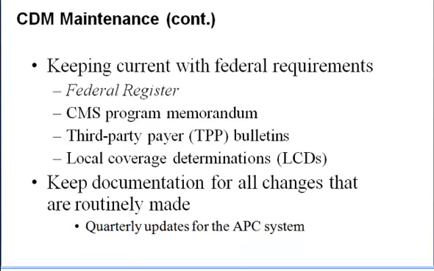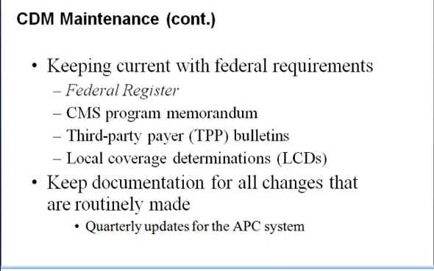To maintain the charge master, it's critical to keep up with federal requirements. It's important to read the Federal Register, the CMS or Medicare memorandums, your insurance bulletins, and LCDs.